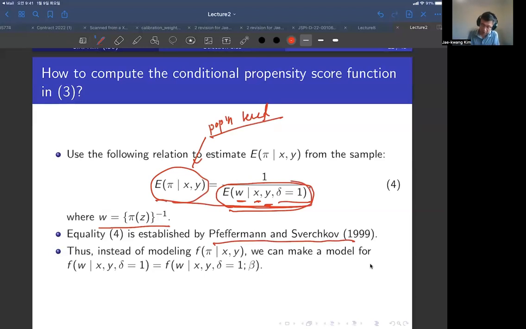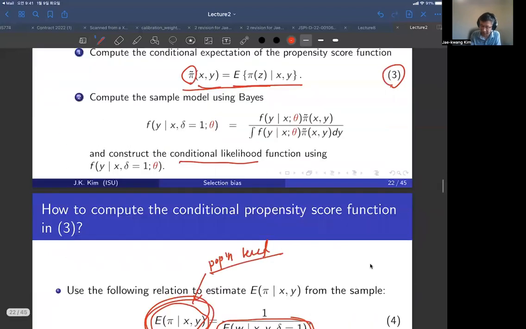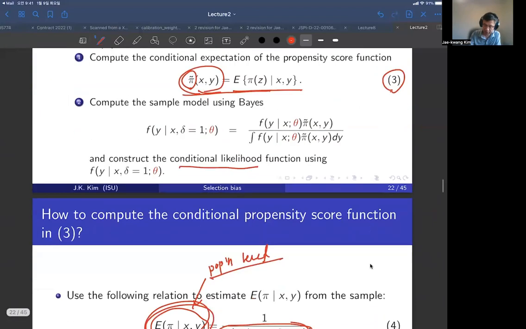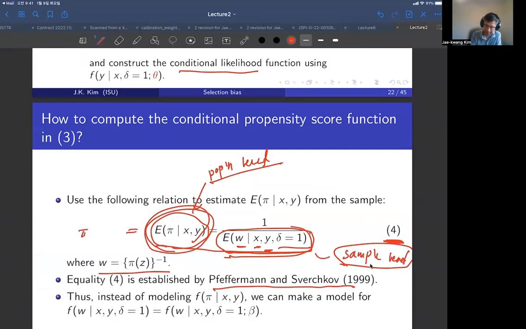So computing this is difficult, but using this relationship, we can use a sample level model to construct the weight model in the sample, and then take the inverse to get the population level estimator, which is pi tilde. Pi tilde here can be obtained from here.